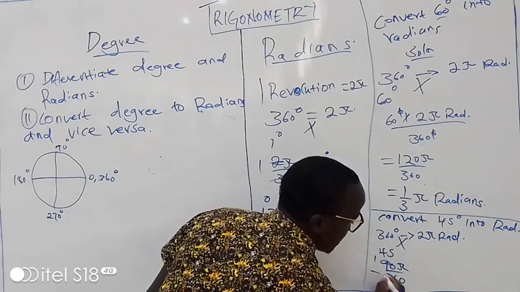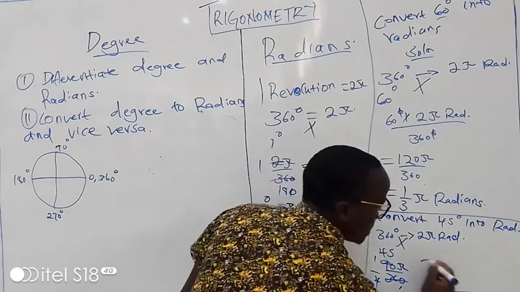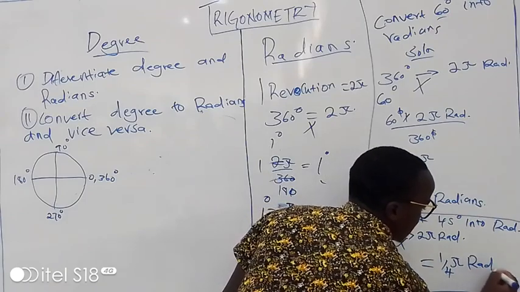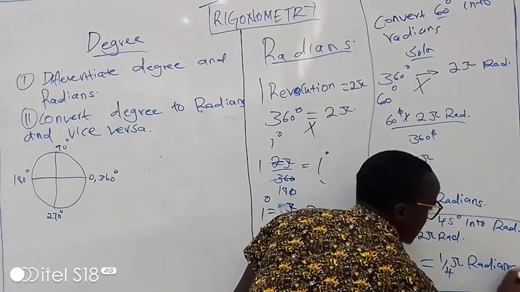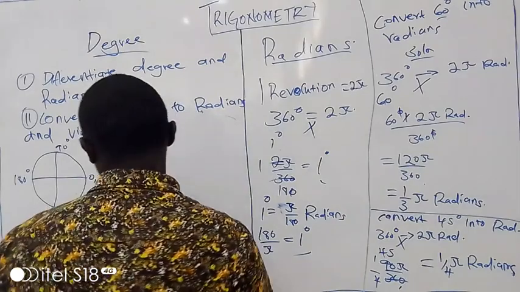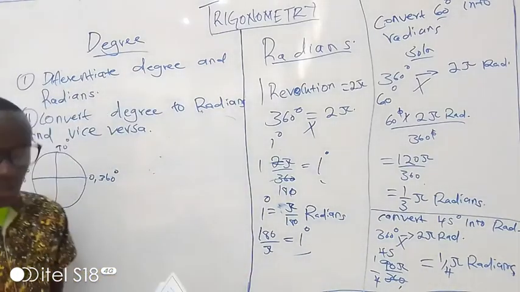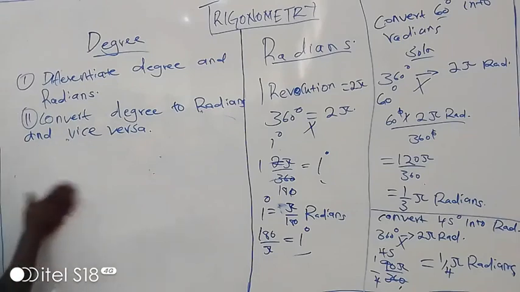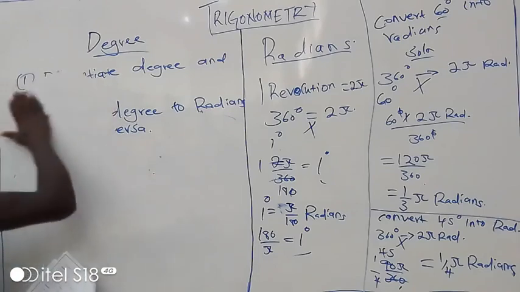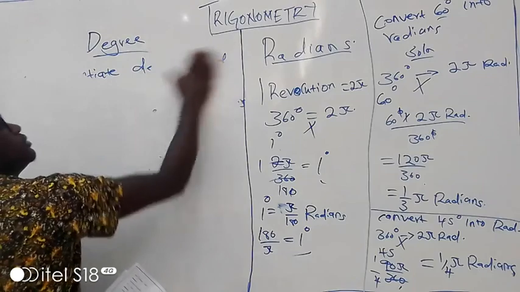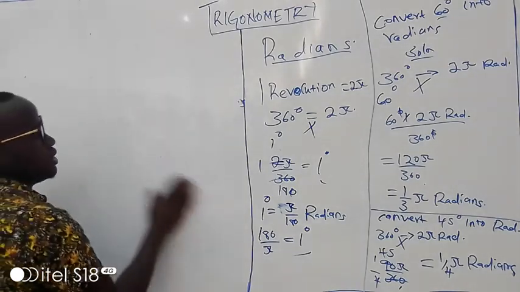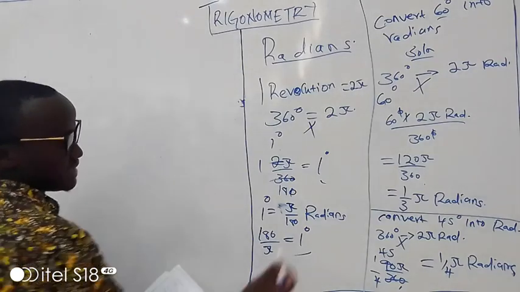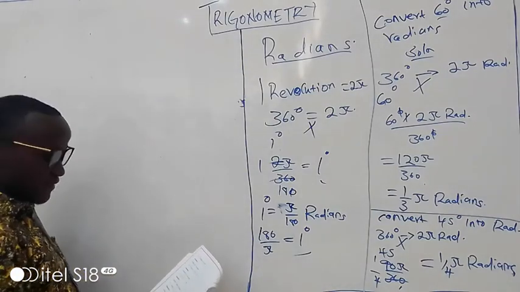Dividing, it is equal to 1 over 4 pi radians. So by that we have seen how we can convert them. I hope you have understood how to convert degrees into radians and vice versa.